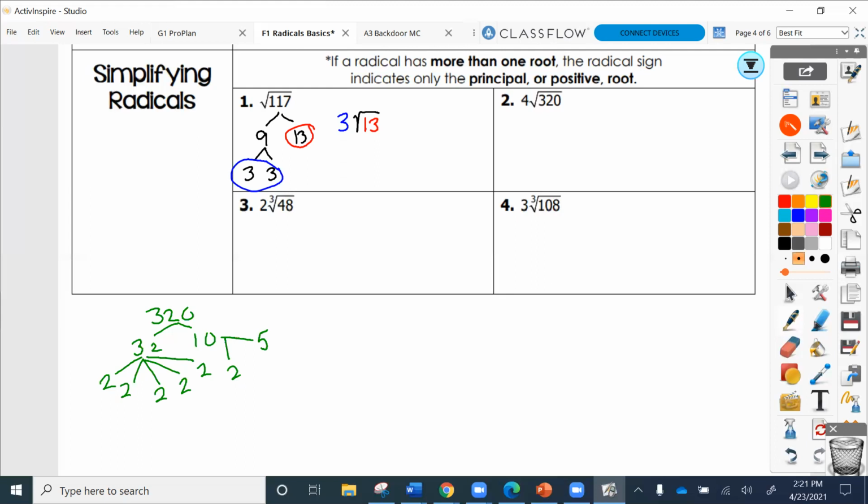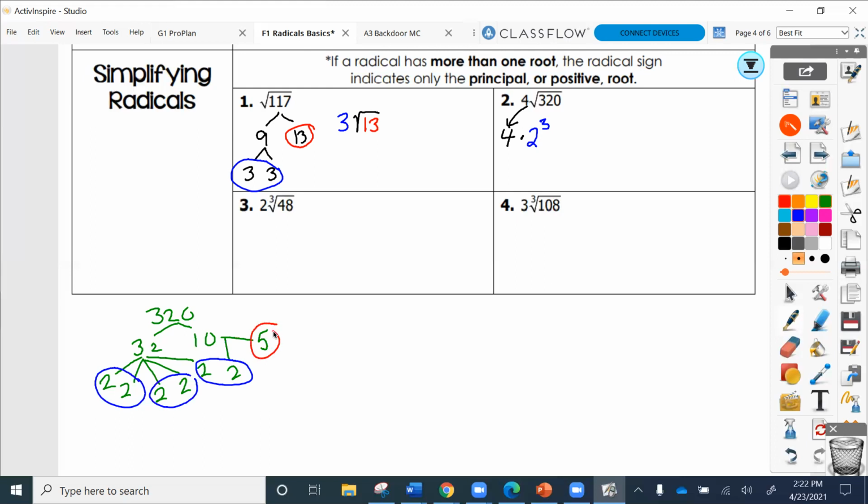So let's look at the pairs we have first. And first, I also want to bring this 4 outside down. Anything I bring out, I'm going to multiply by that 4. So I've got 1 pair, 2 pair, 3 pairs of 2s, right? So that would be 2 to the 3rd power. And then the number that's left is the 5.